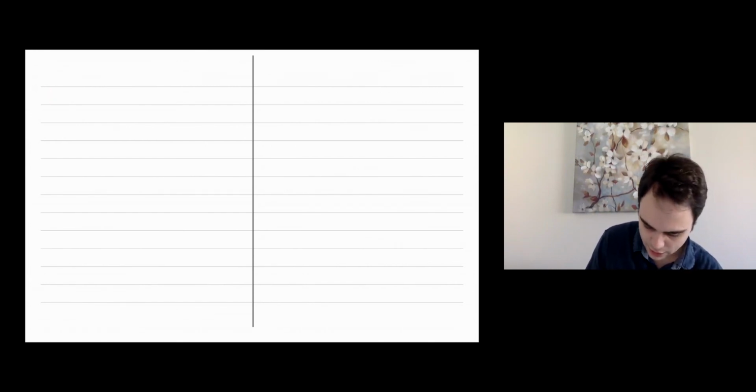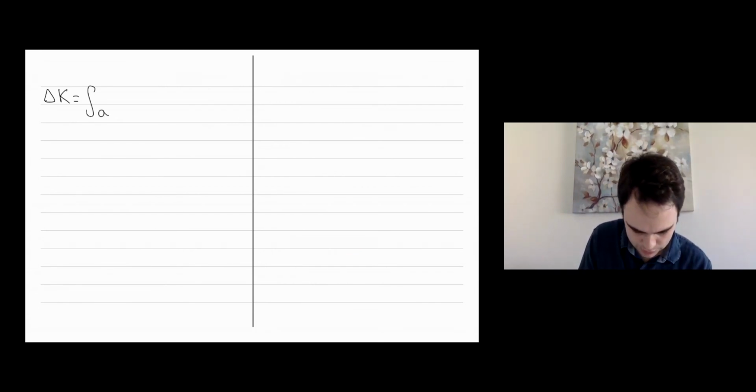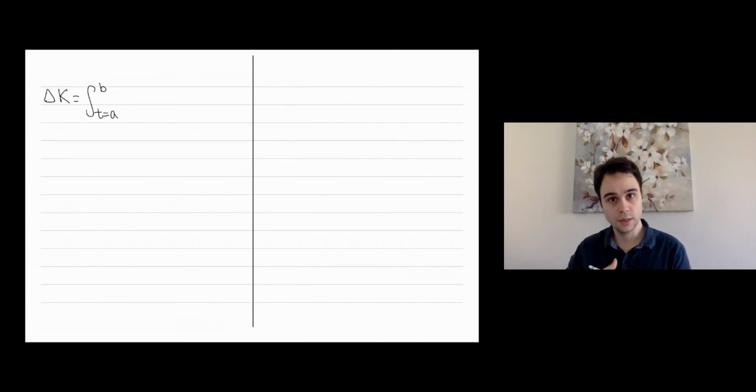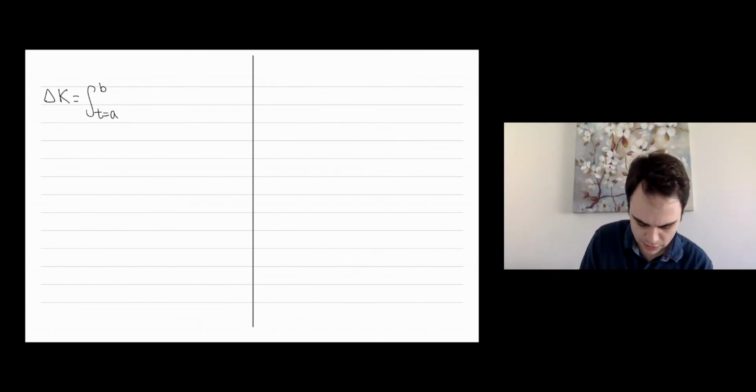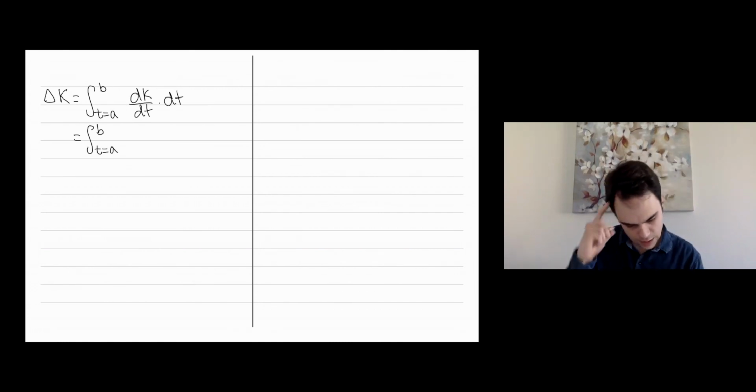Then the change in the kinetic energy, by the fundamental theorem of calculus, is the integral as t increases between a and b of the rate of change of the kinetic energy times dt. Right, so this is just the fundamental theorem of calculus. Now that's the integral for t going from a to b of dK dt.